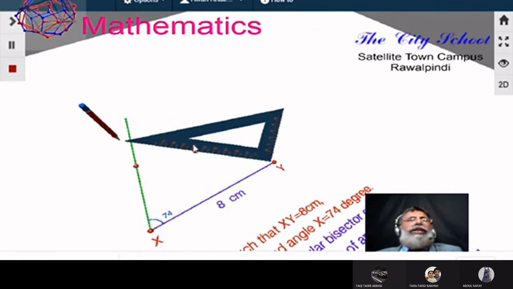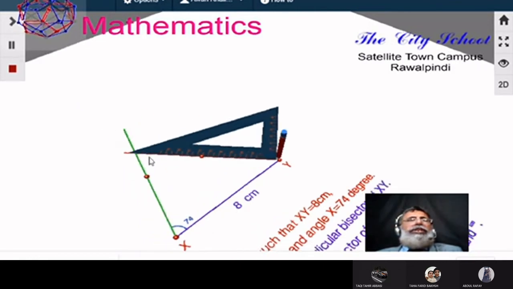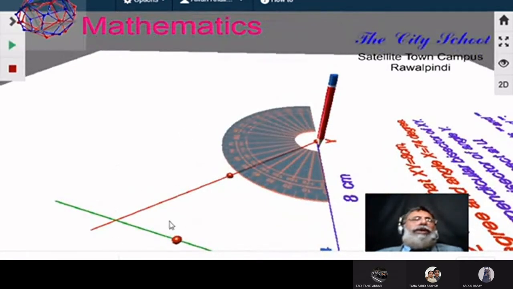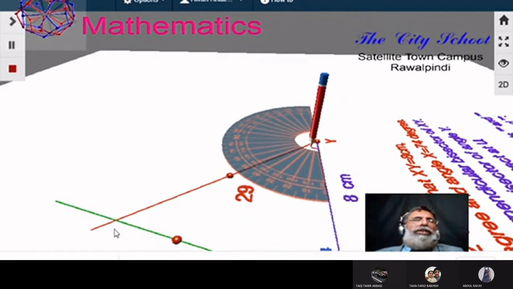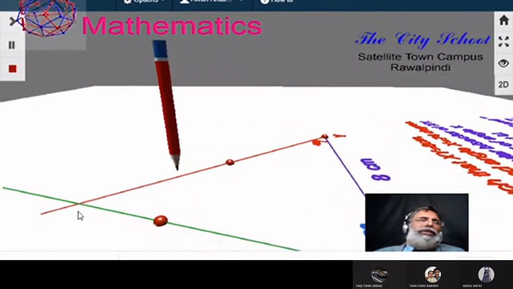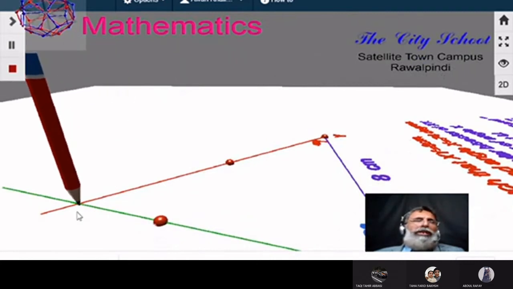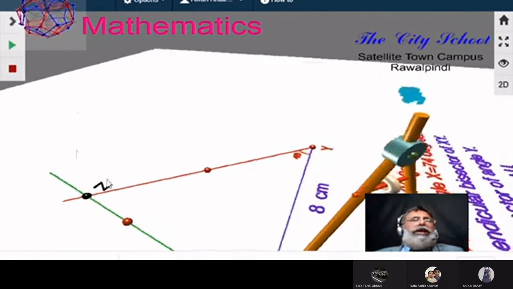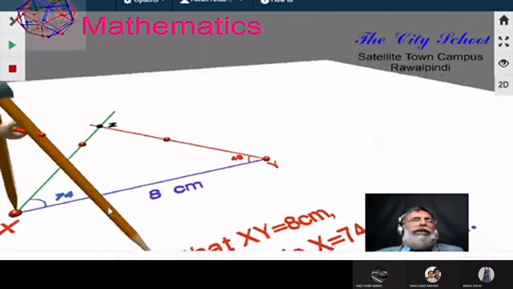We can see that this line is intersecting at one point. This is the 49 degree angle and this point is Z. So we'll mark it as Z, and now the triangle is complete.